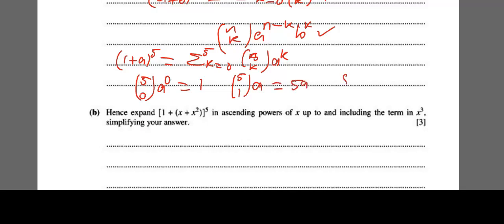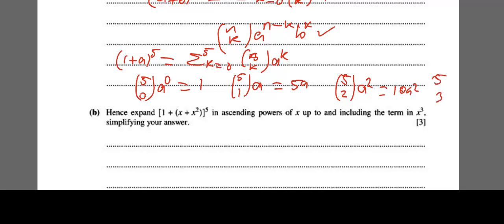Then we can have 5 choose 2, that is when k is 2. This becomes x squared, and this becomes 10x squared.